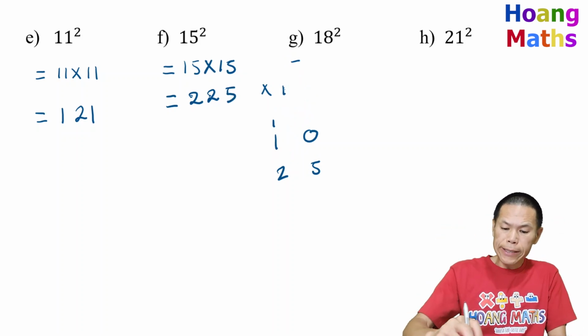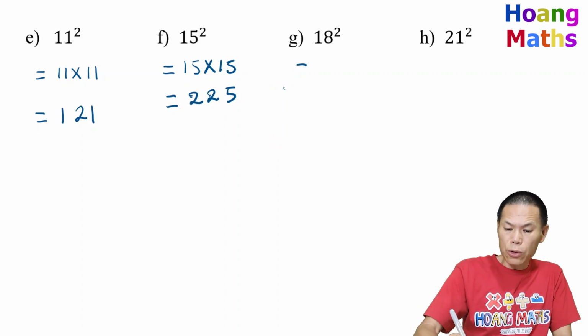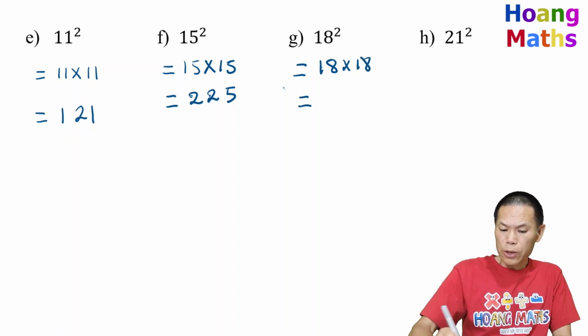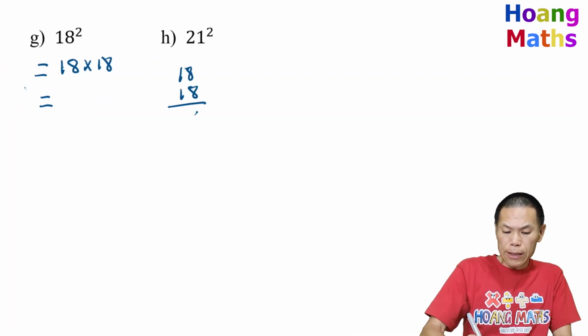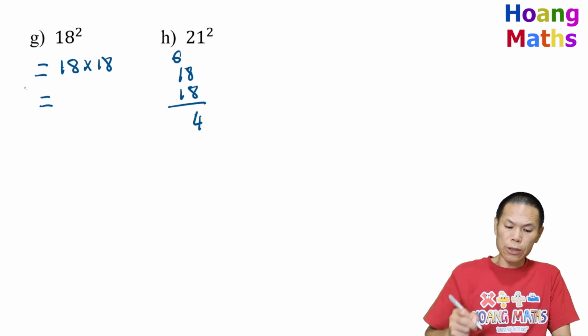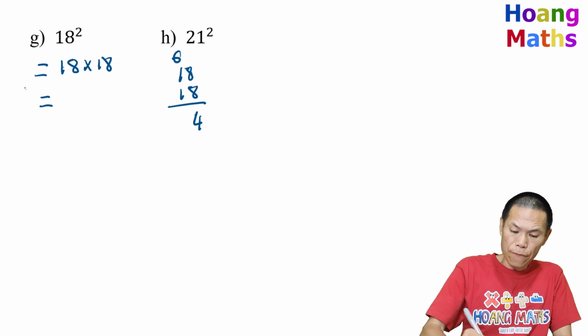Now 18 squared. So 18 squared is equal to 18 times 18. 8 times 8 is 64. We put a 6 on top. And 8 times 1 is 8, and 6 is 14.